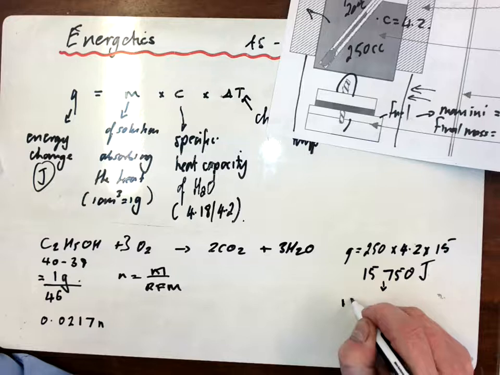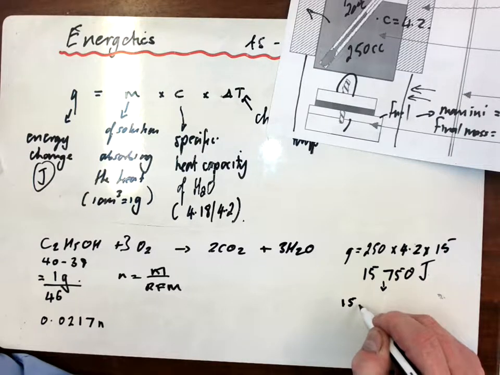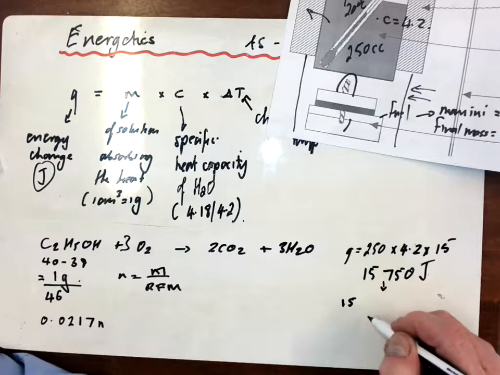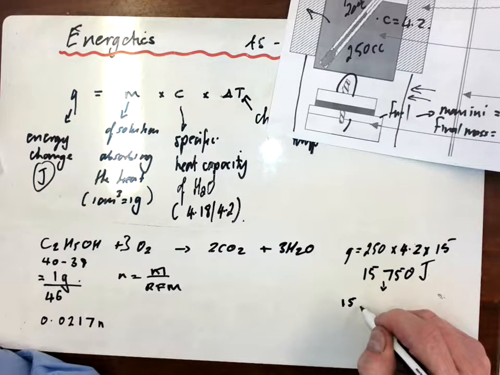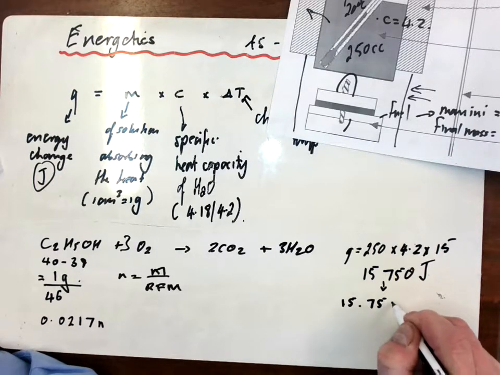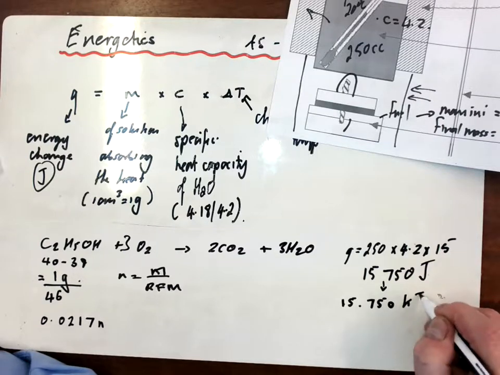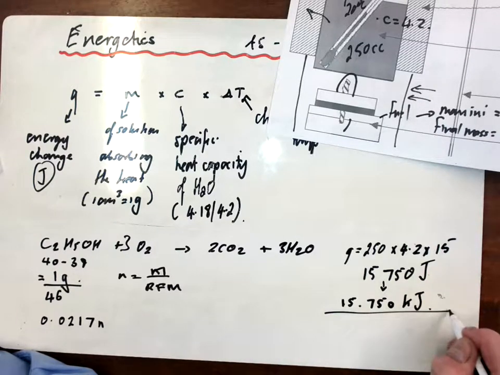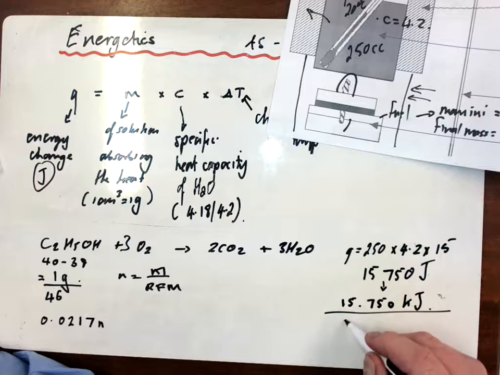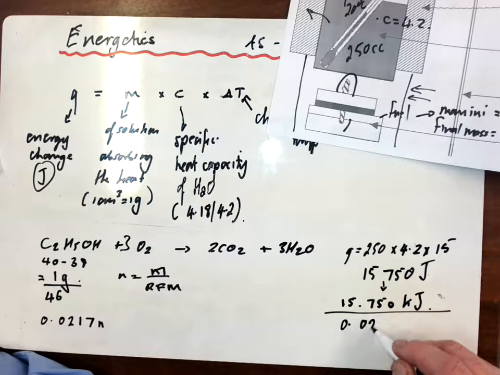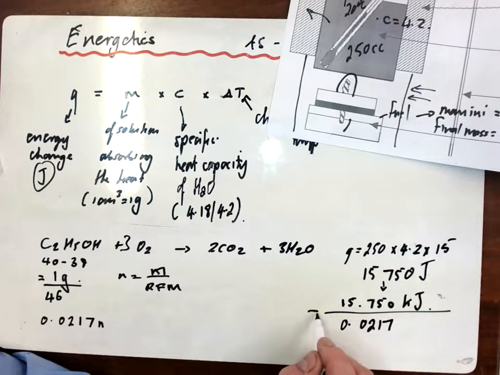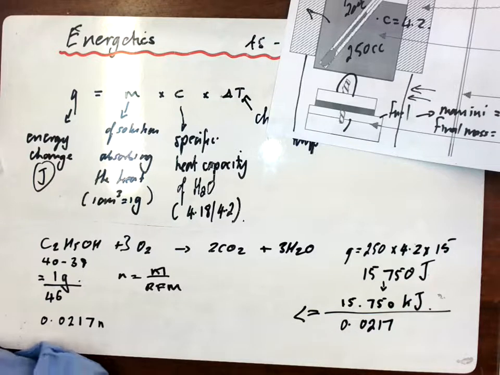So the first thing I'll do before I convert it into a standard enthalpy of combustion is convert it into kilojoules. Okay, and then we want to scale this up to per 1 mole of, in this case, ethanol.